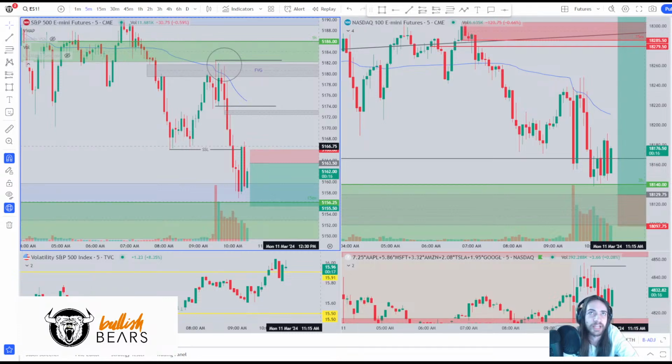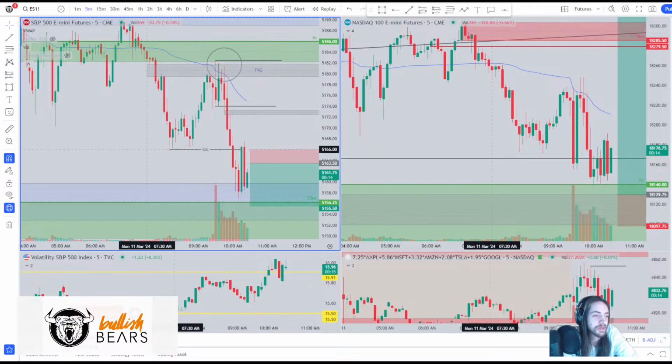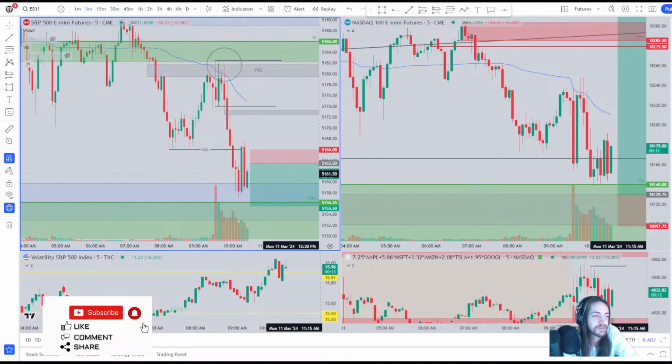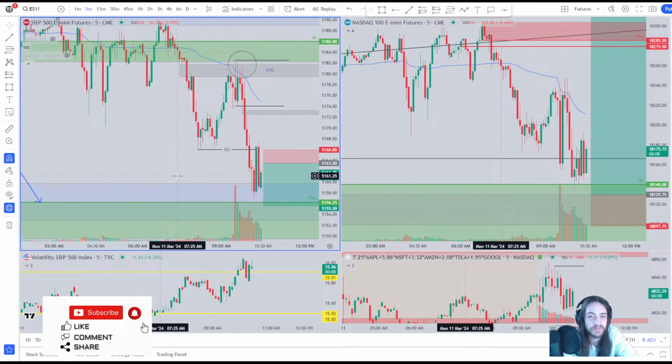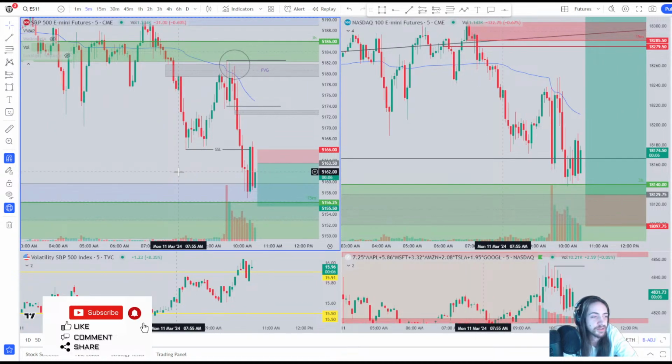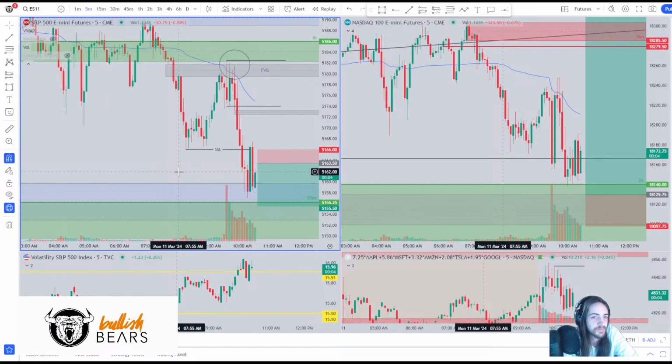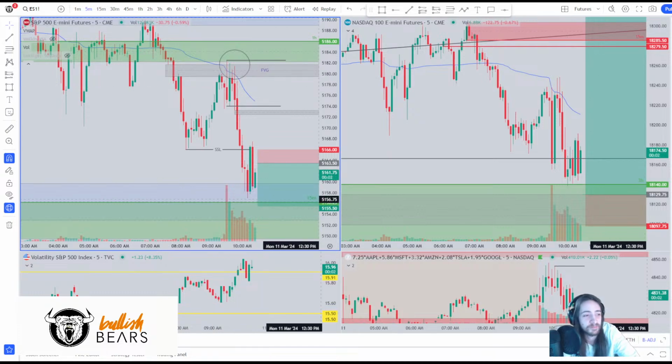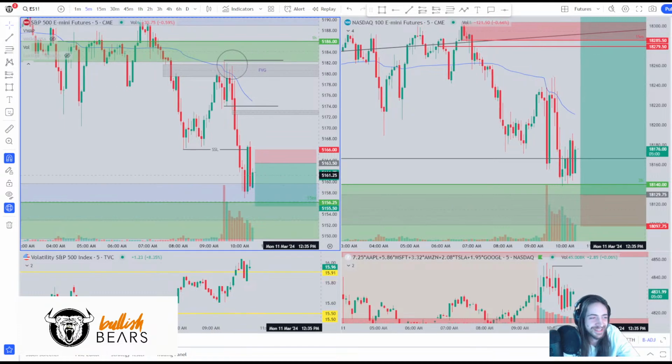Nvidia still looks bullish. Apple just got some buying pressure. The 15 still looks bearish on ES though, until we pop this last 3 seconds.